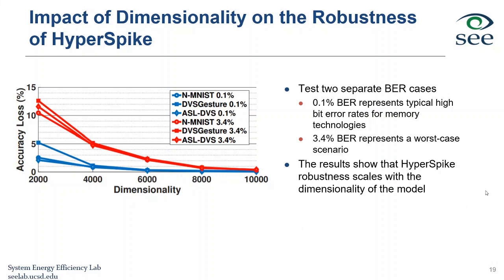As the curves show, the higher dimensionality HyperSpike has, the more robust it is to errors. This is because the information can be spread more evenly across higher dimensionality. Thus, each bit flip is less amount of error. This matches previous results shown in other papers.